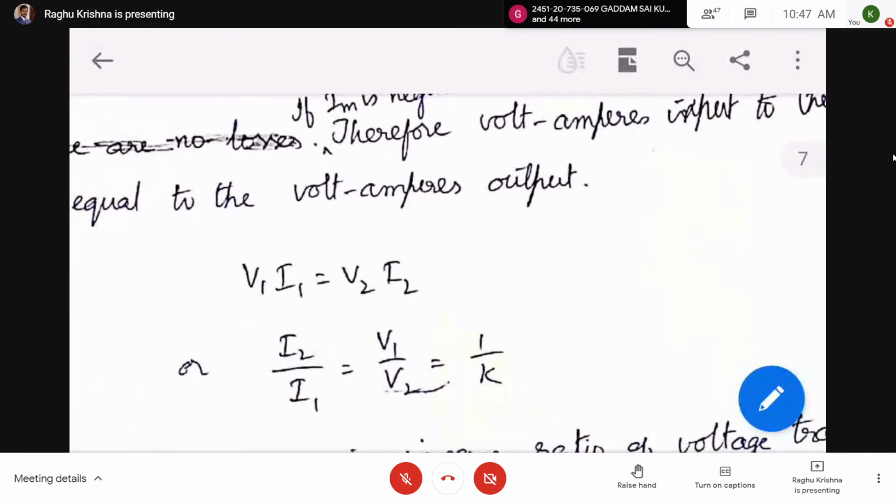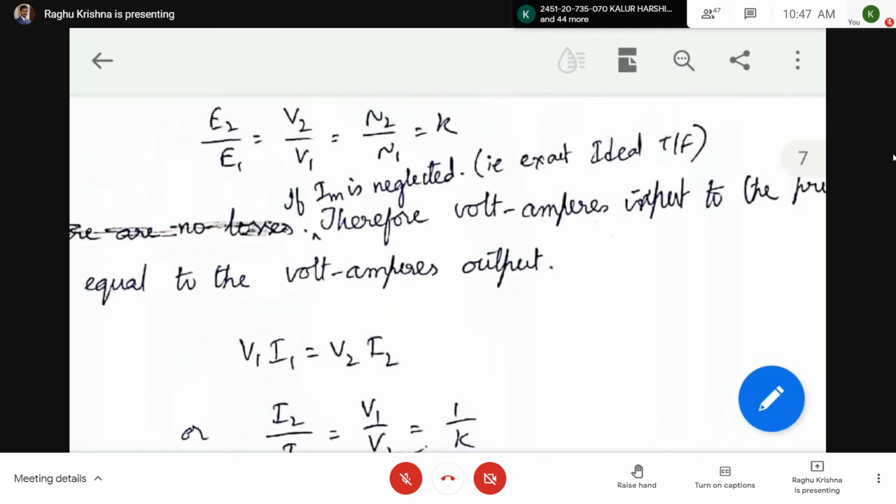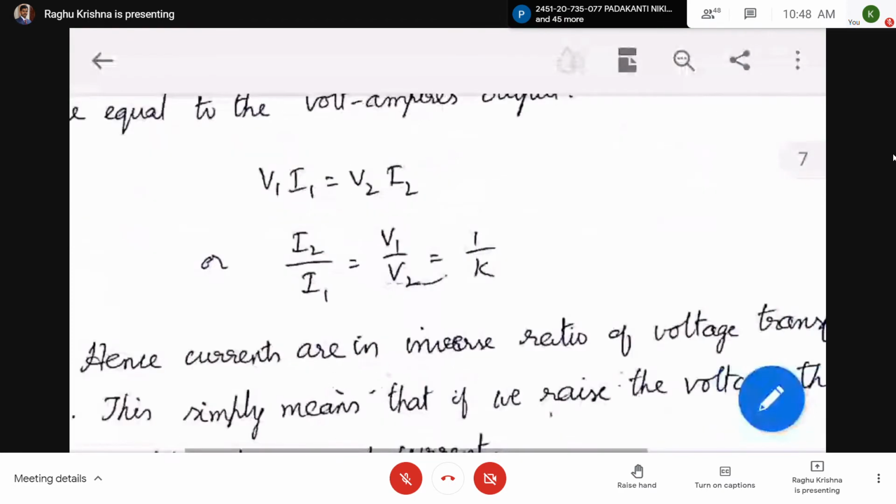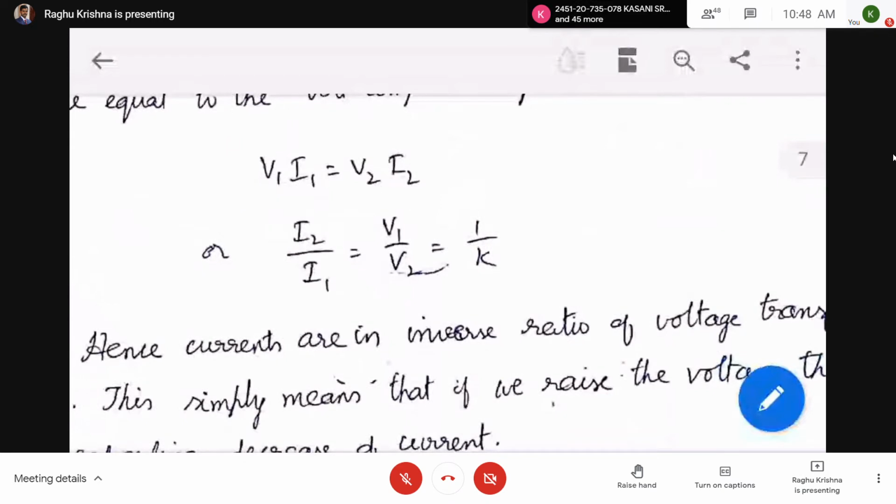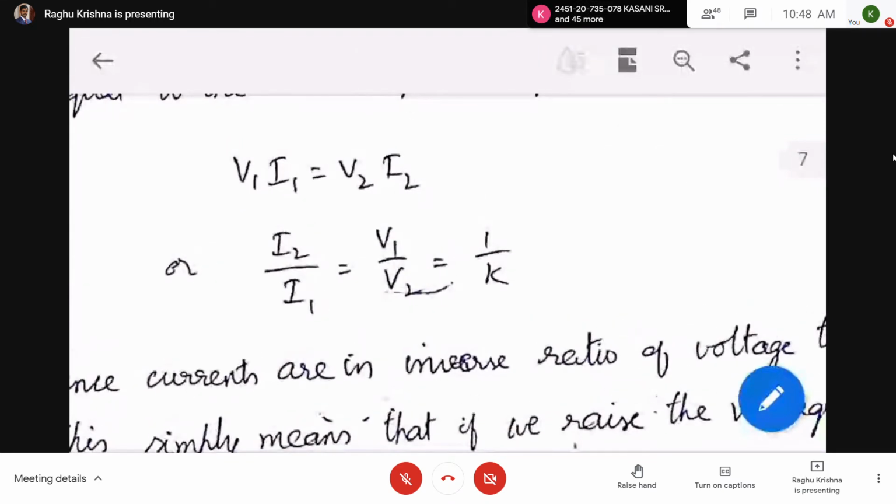Now here V1 I1 is equal to V2 I2. If you neglect Im, V1 I1 will be equal to V2 I2. Im will be very small. So if you consider the exact ideal transformer, Im will be 0. So in that case, V1 I1 equal to V2 I2. So here you can see I2 by I1 is equal to V1 by V2. What is V2 by V1?